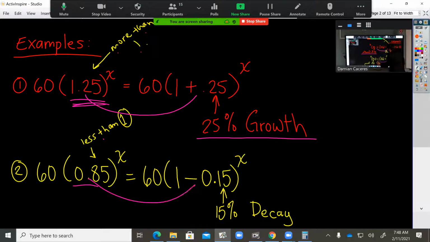So we know there's a minus in there that created that growth factor. 1 minus 0.15 is 0.85. So it's 15% decay. So for numbers smaller than 1, just figure out what the difference is for this to be 100. Clear?